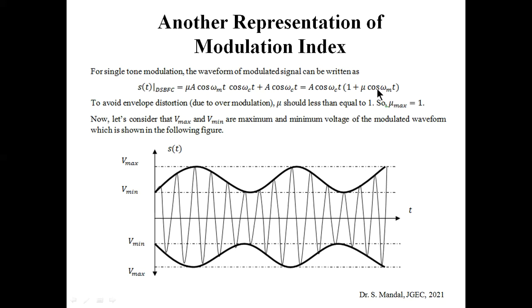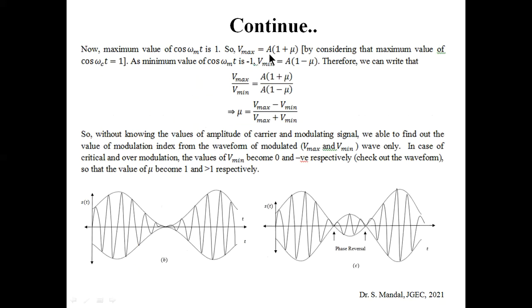So we get the maximum value of s(t), or the maximum value of the corresponding voltage, that is nothing but Vmax. So you can write Vmax equals A into (1 plus mu), considering that the maximum value of cos omega_c t is 1.